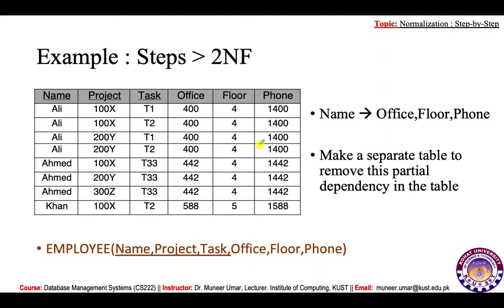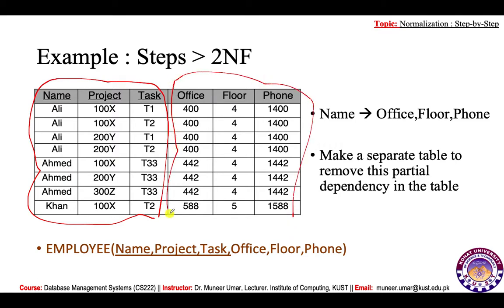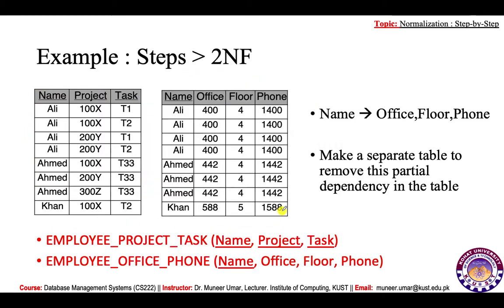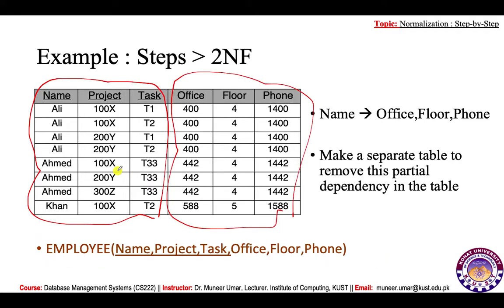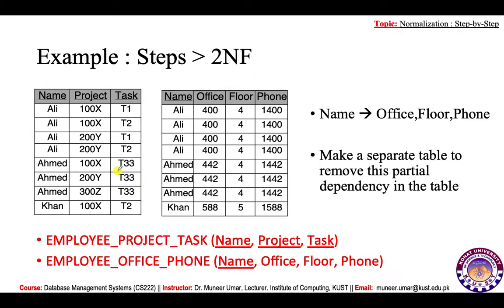Now we need a separate table to remove this partial dependency in the table. So what will we do? We will take these three attributes as a single table and these attributes with name. So here we have one more table, and the first one is also reduced. So now here we have two tables. This table is decomposed into two smaller tables.